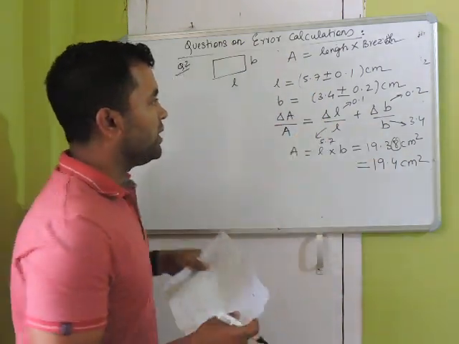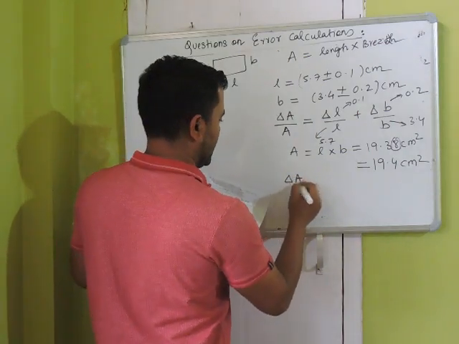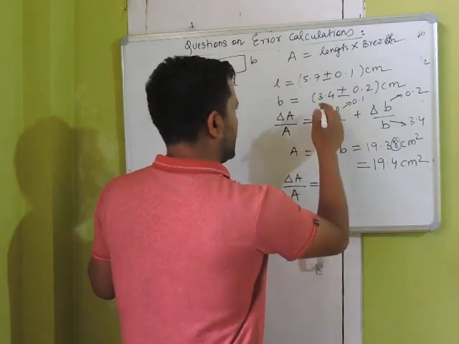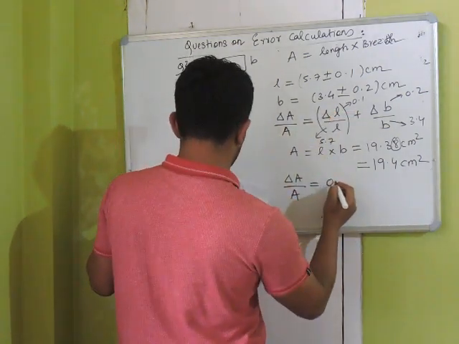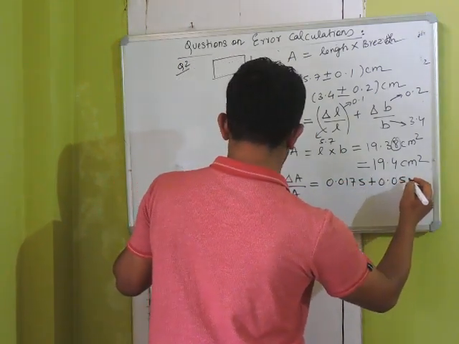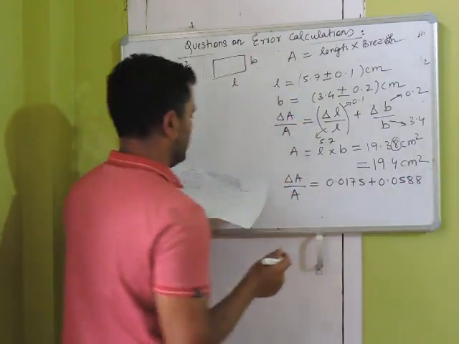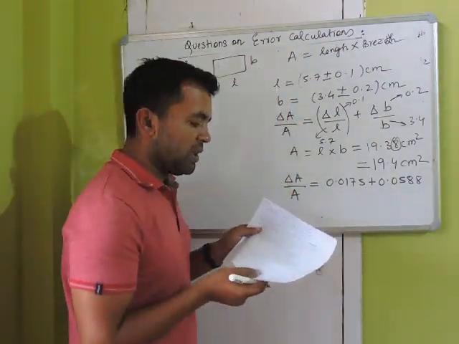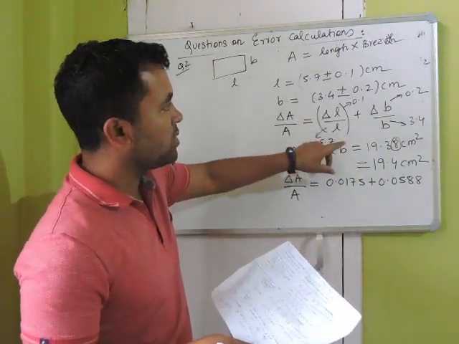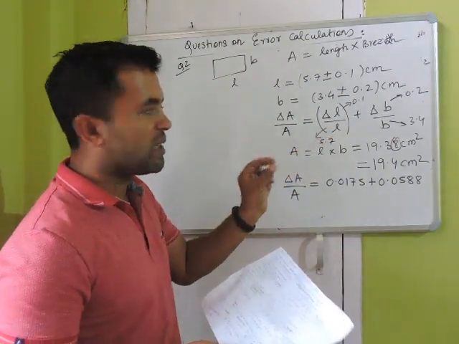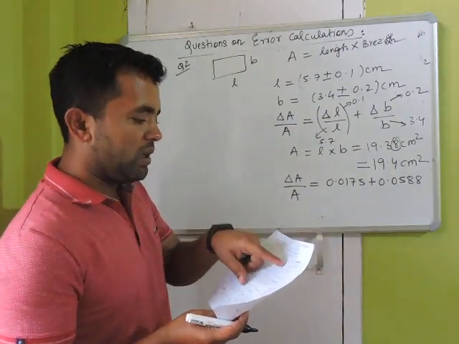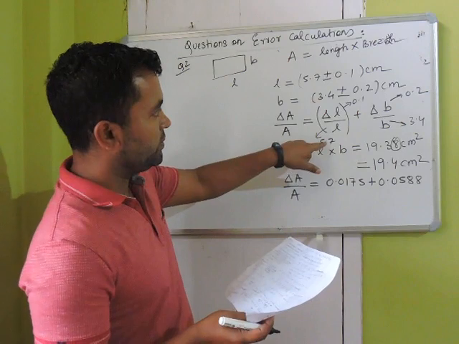Now if you go this way, then you will find that delta A by A will be equal to, this whole thing gives you 0.0175 plus this will give you 0.588. Now if you are dividing, if you remember the concept of significant figures, since I am dividing this by this, I will report to the minimum significant figures present here. So delta L is 0.1 and L is 5.7, right?